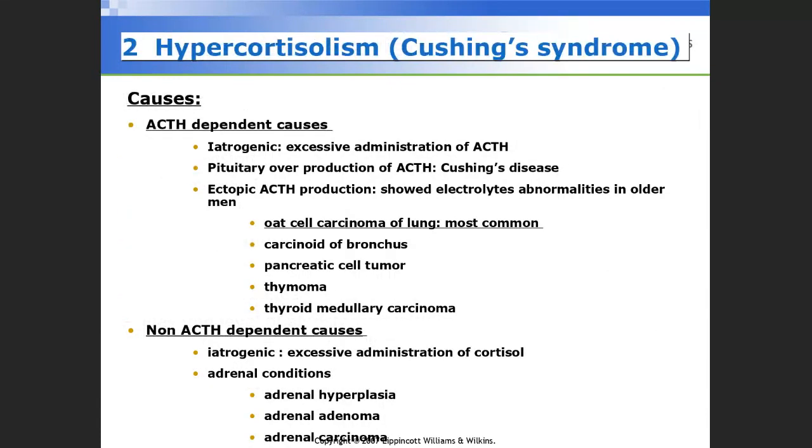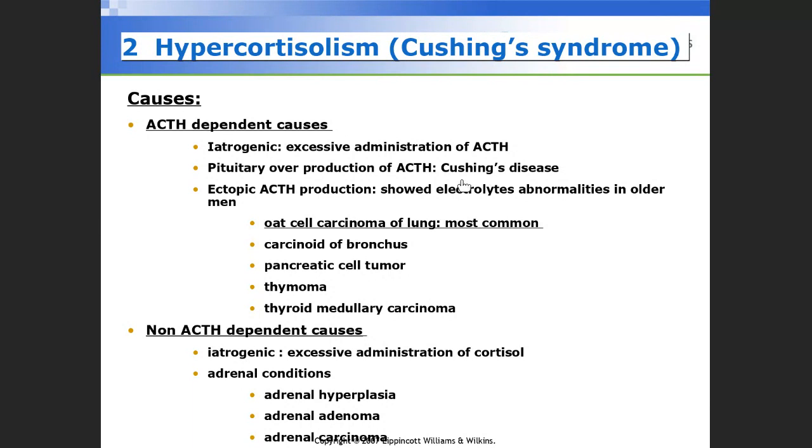Cushing's disease or Cushing's syndrome: if it's Cushing's disease, it's going to be ACTH dependent. In the ACTH dependent type, you can have pituitary overproduction.